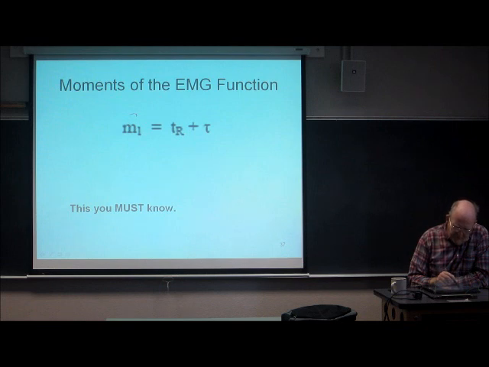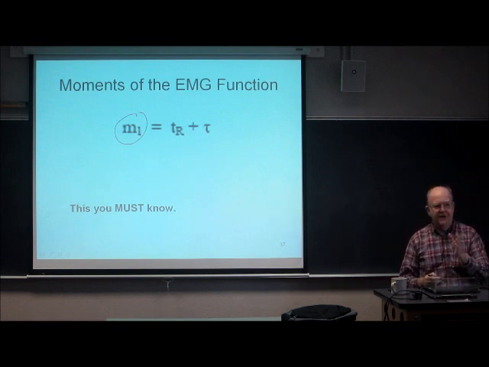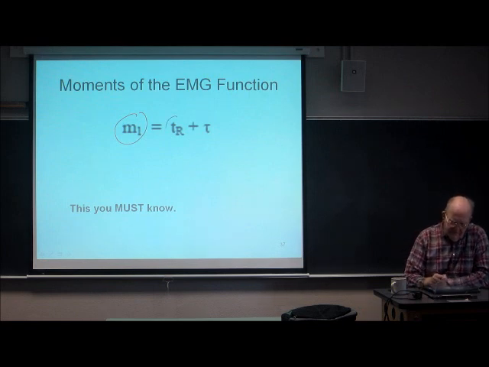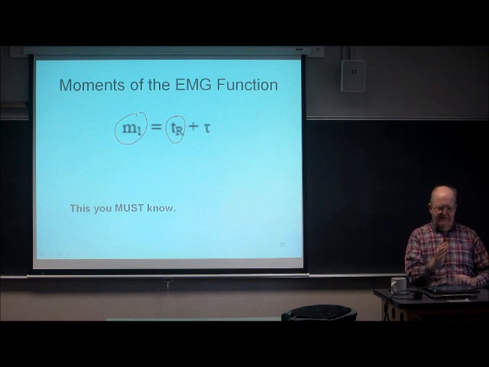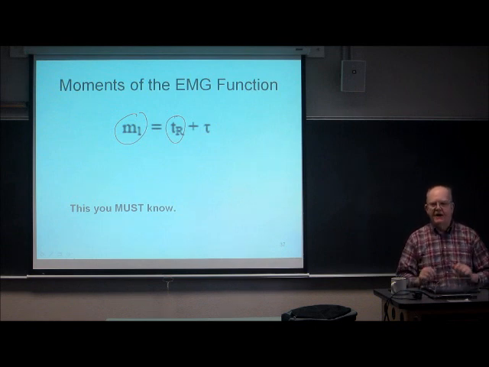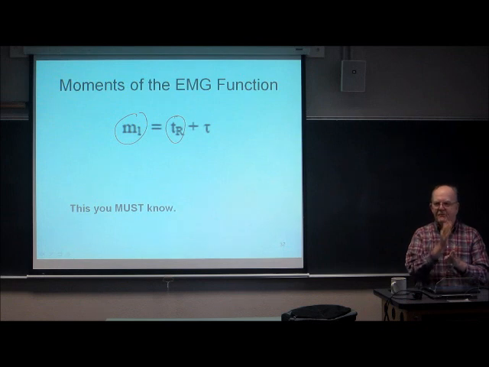The first moment, the center of gravity of the distribution, will be equal to the retention time of the pure Gaussian. That is, if there was zero time constant, TR would be the maximum point in that distribution.